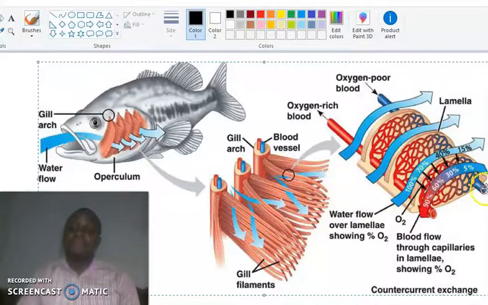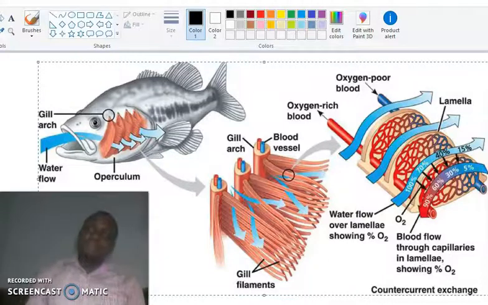At the same time, carbon dioxide, which is highly concentrated in the blood capillaries, will tend to diffuse into the water. Hence, gaseous exchange occurs here. Have you understood? Good. So, what have you learned today?